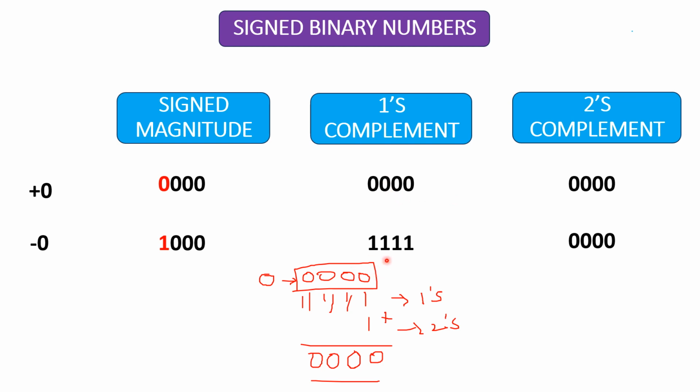But in 1's complement and sign magnitude form, there is a difference. For 0 there are 2 representations, but in 2's complement form, 0 is represented in only one form. Minus 0 and plus 0 are both 0, so they are represented in only one form. So 2's complement is a very commonly used system.